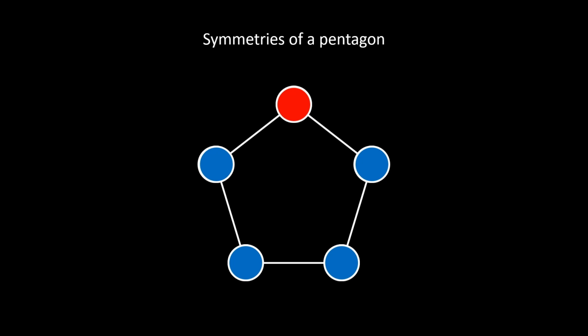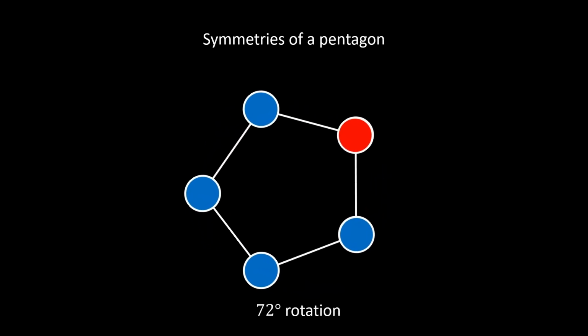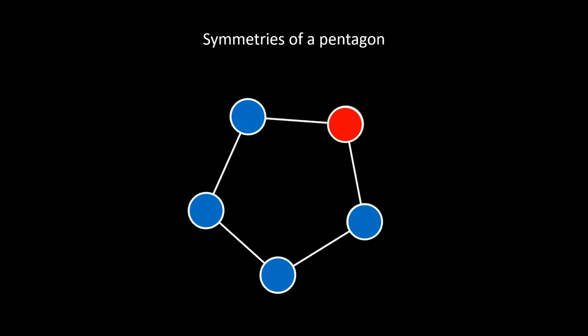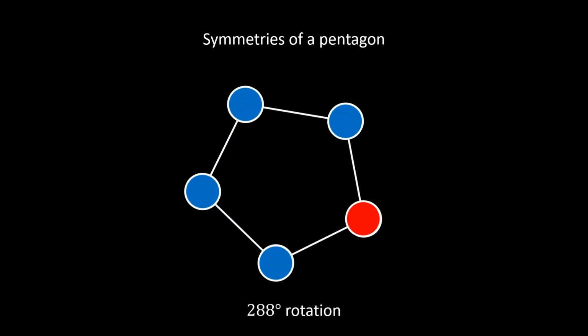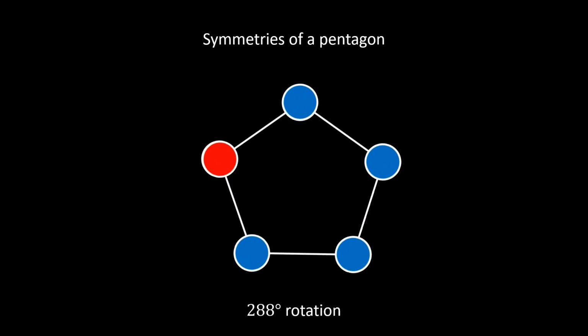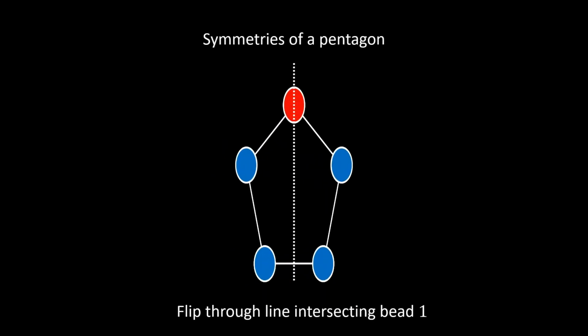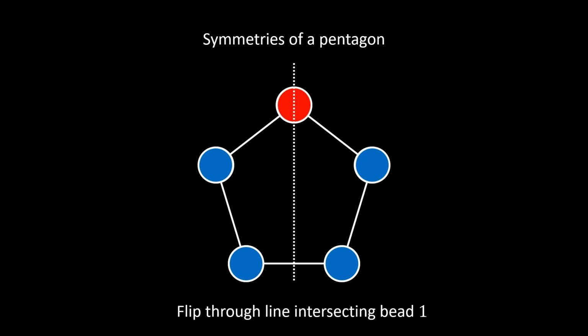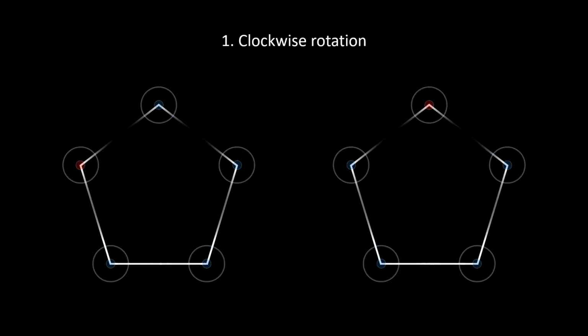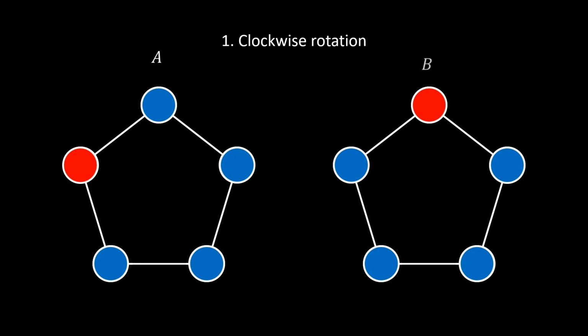Pentagons have rotational symmetry. This means you can rotate the pentagon and the shape stays the same. We can also flip the necklace to get the same shape. Now, let's look at a symmetry that linked necklace A with necklace B in the previous example.